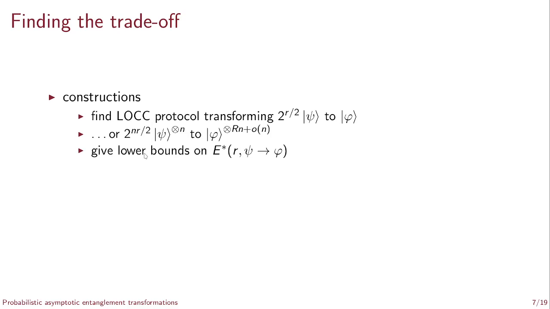If we do any of these, then what we get are lower bounds on the best achievable rate, this E star, given this error exponent r.